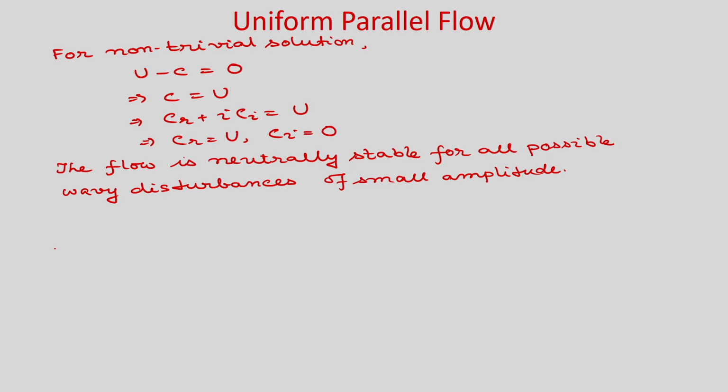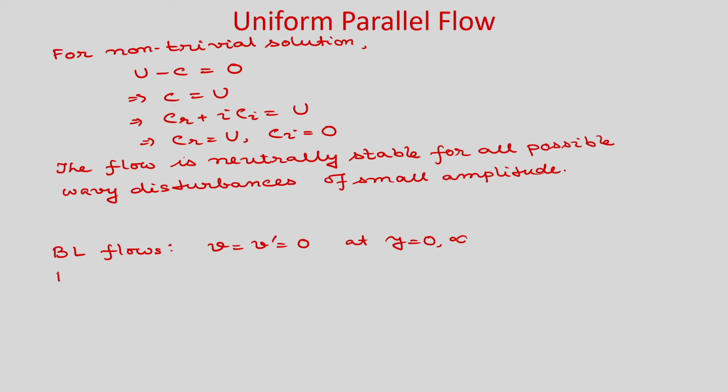For different flows, like free shear flows or boundary layer flows, you can write the boundary conditions. For boundary layer flows we have already discussed, these are the boundary conditions: V is equal to V prime is equal to 0 at y is equal to 0 and infinity.